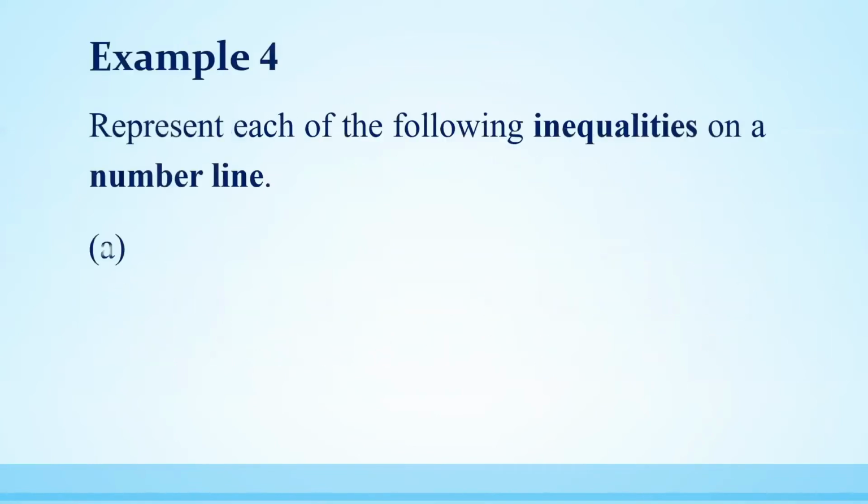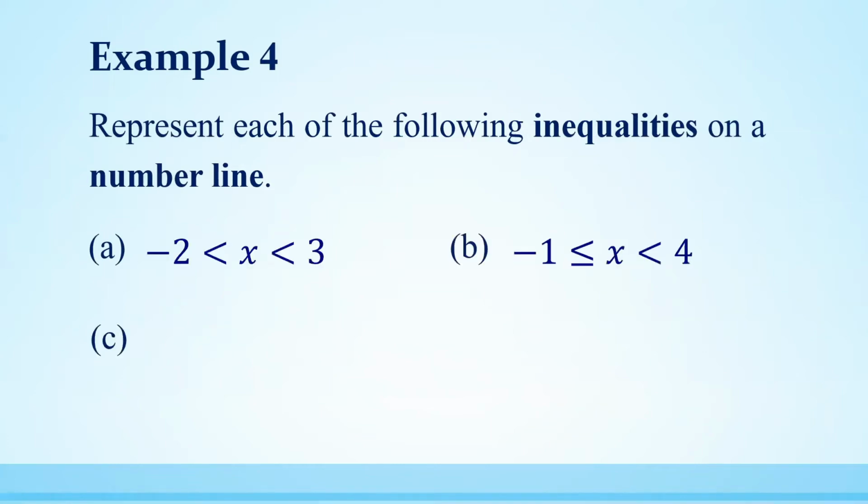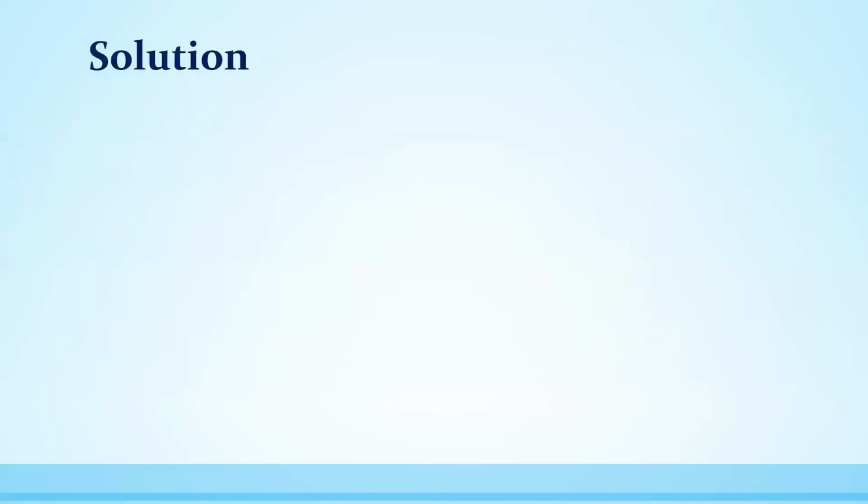Example 4. Represent each of the following inequalities on a number line. So I again have 4 different parts. Let us see how we are going to represent these inequalities on a number line. Part A. So here I have x lies between -2 and 3.